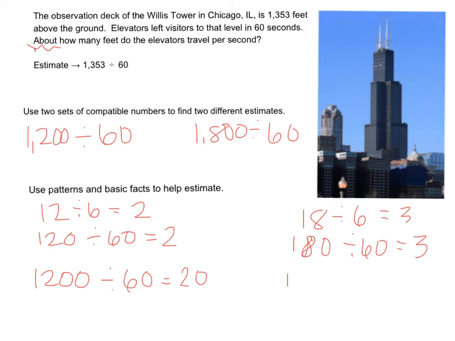And then for my last one, I'm only going up one place value in my dividend. So that means that I need to go up one place value in my quotient as well. So my answer then would be about how many feet the elevators travel per second, between 20 and 30 feet. So somewhere between 20 and 30 feet per second.